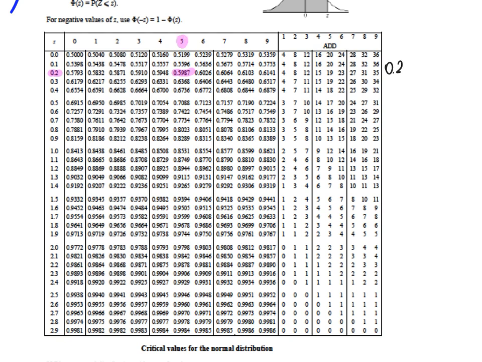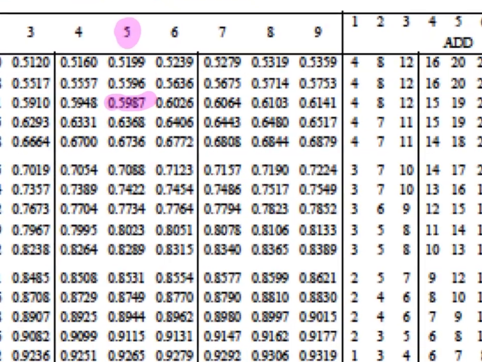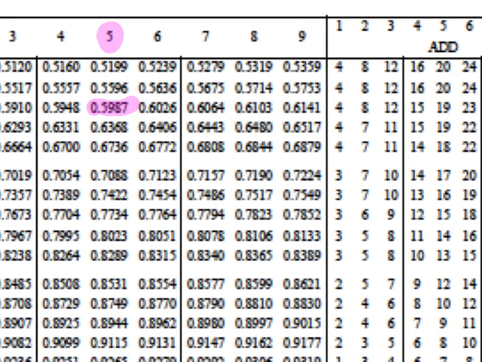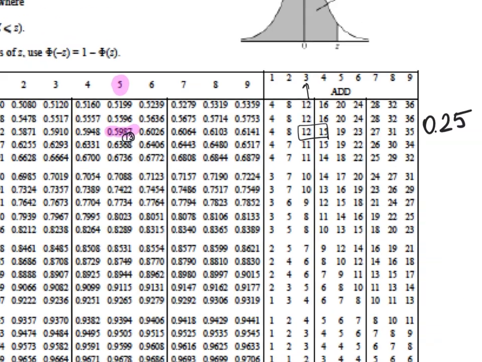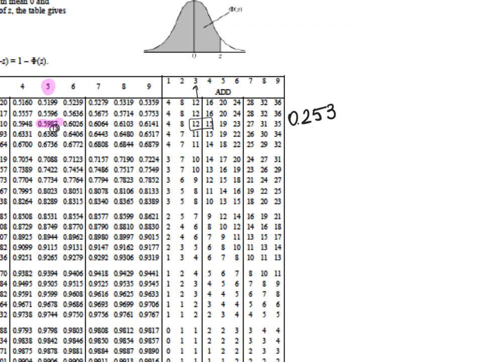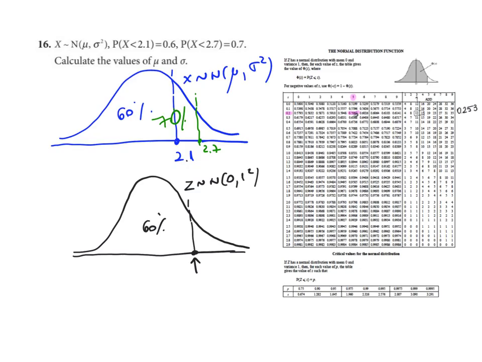So 0.25, and I'm looking what's missing up to 60%. I'm missing a 1 3 here, and 1 3 is closer to 0.3 here. So it will be 0.253.